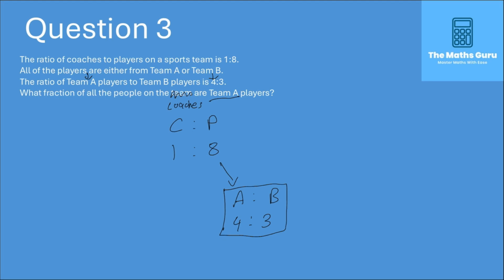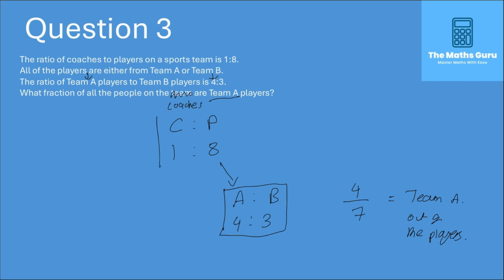So there's a total of 7 parts, 4 parts plus 3 parts. So out of 7, 4/7 of the players are Team A, out of the players only. But remember, on this coach, it's not only the players that are there, it's also the coaches.